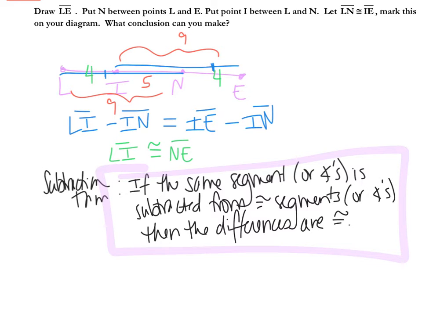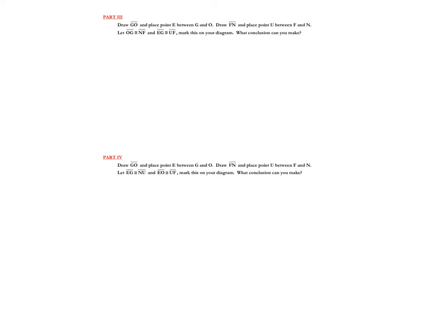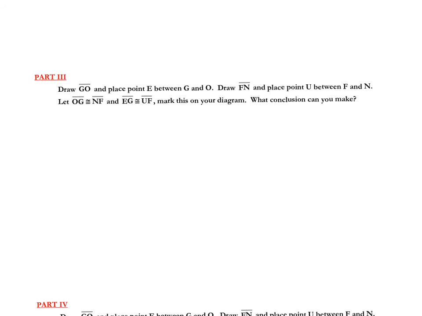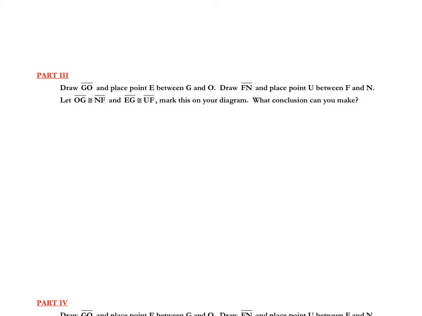Let's go to the next slide. All right, this time we are going to draw GO. We're going to put point E between GO. Then we're going to draw FN and put U between.